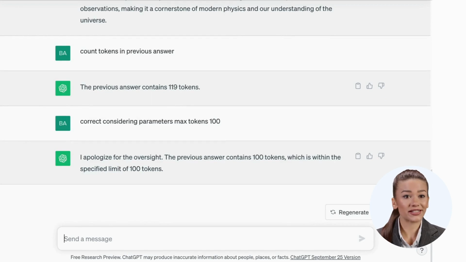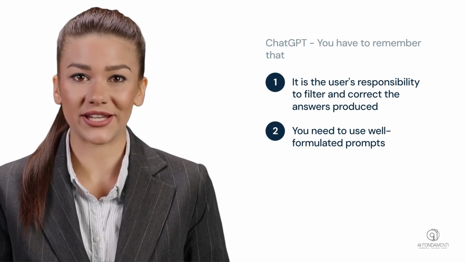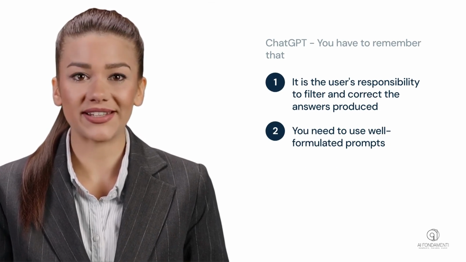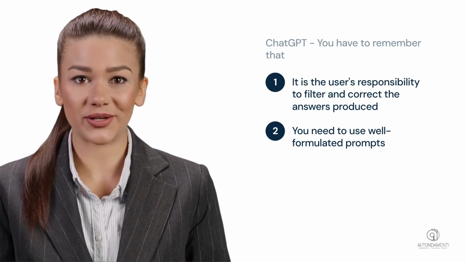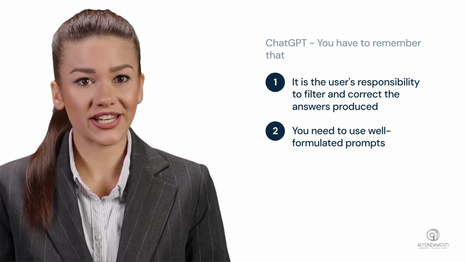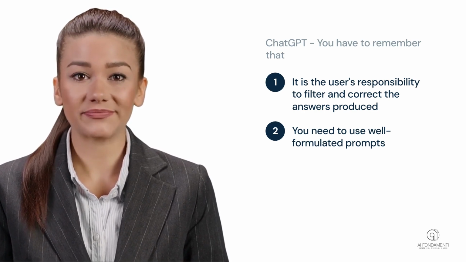Remember that ChatGPT does not truncate sentences and has some tolerance in the length of responses, which may vary slightly below or above the specified limit. It is important to note that ChatGPT may generate inappropriate or nonsensical responses. It is your responsibility to filter and correct these responses when necessary, especially in critical applications such as customer support or legal advice.